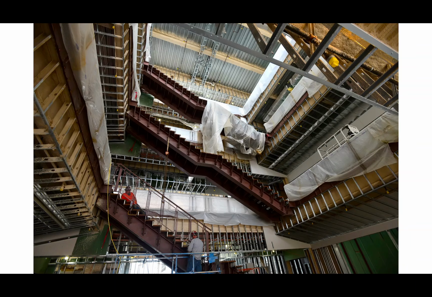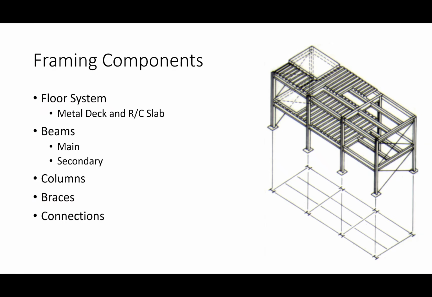even as the building erection gets more intricate and complicated, it's still just a bunch of beams, columns, connections, and braces and whatnot. So if we look here, this is a three-dimensional isometric image of a building, and we can see this.